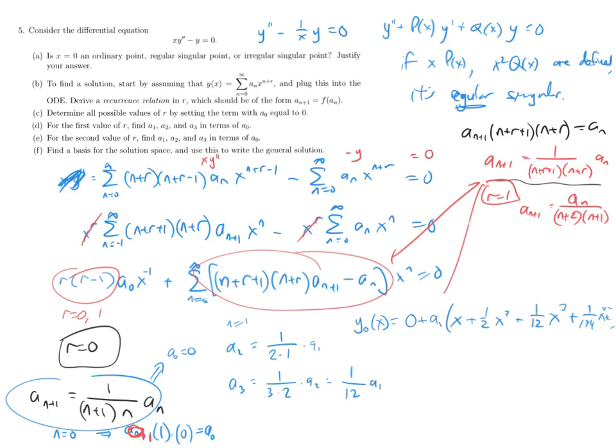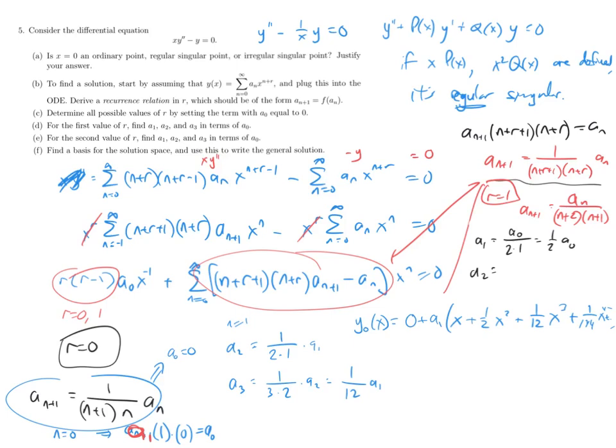So now a1 is a_0 over 2 times 1, which is 1/2 a_0.